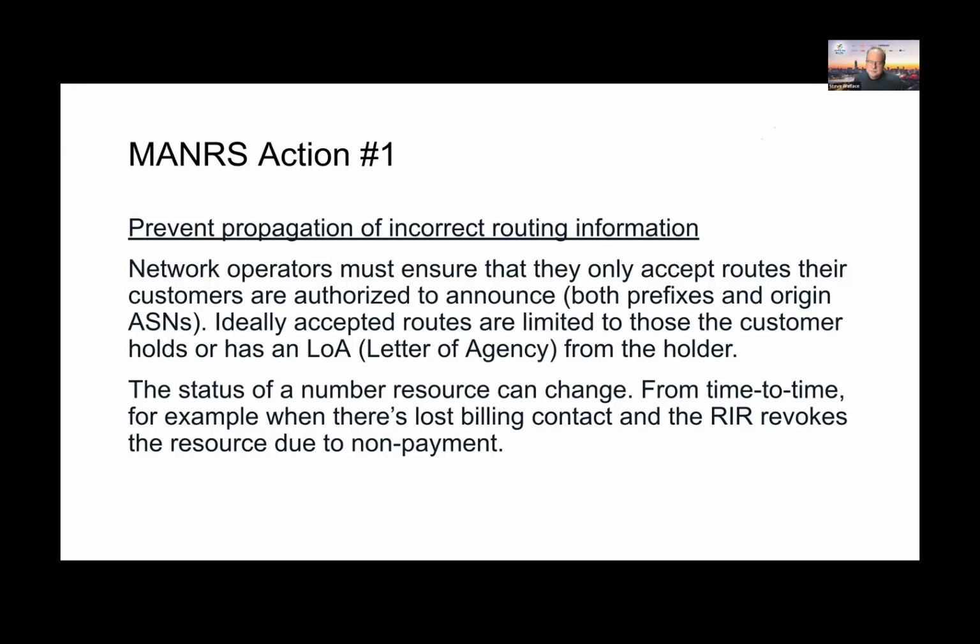So from time to time, we will run reports on our routing table that give us an indication that maybe we're accepting an originating ASN from our customers that is not allocated by ARIN to anyone, that's been withdrawn from that particular customer.